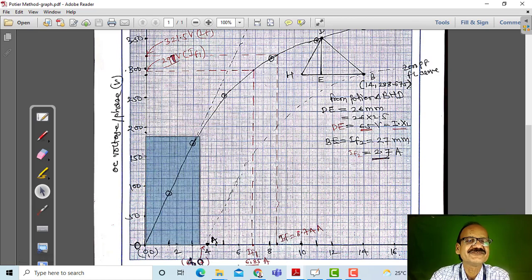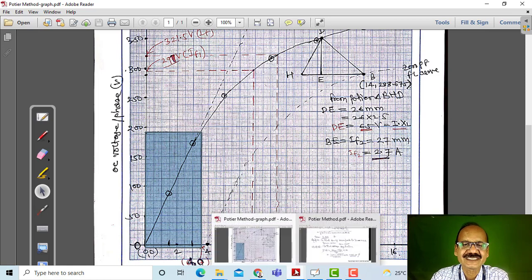Now see, here it is 150, here it is 175, and then here 200. So it is around 190. Okay, so let us check it.